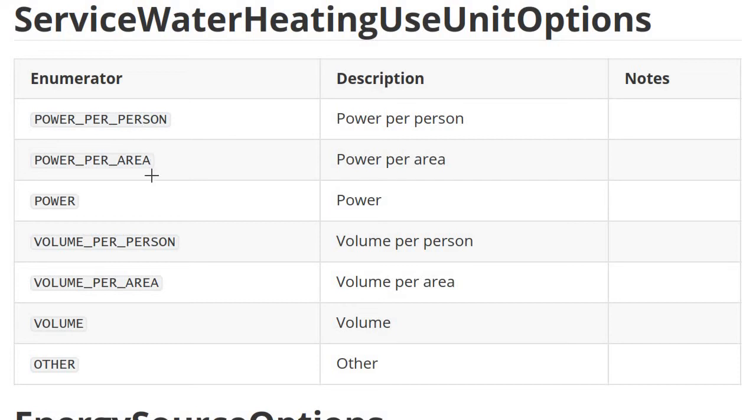So maybe it would be power per person, volume per person, per area, or volume per area, or just a straight power or volume for describing the amount of use by that service water heating fixture.